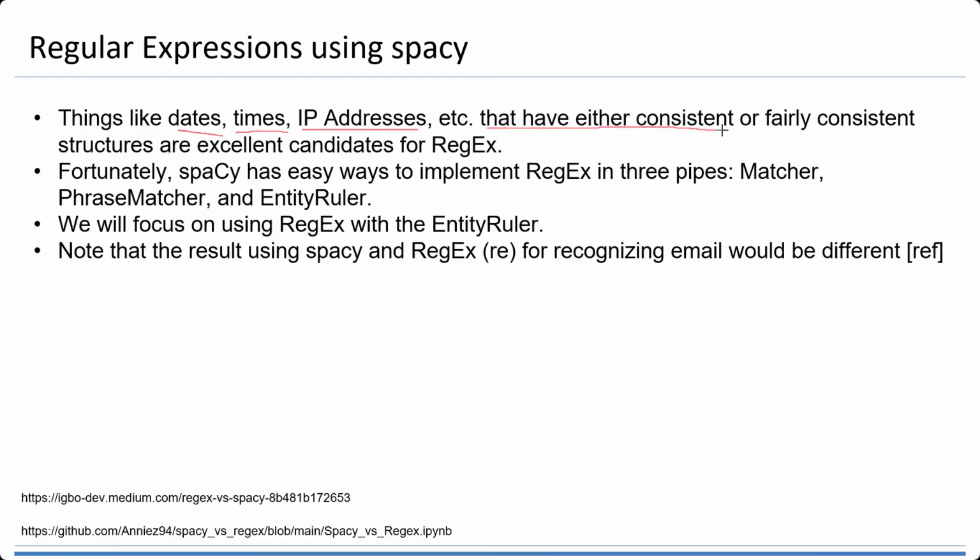This is something actually consistent because if you look at the IP address, it consists of 4 places, and each place contains 3 numbers: 999, 999, 999, and 999.